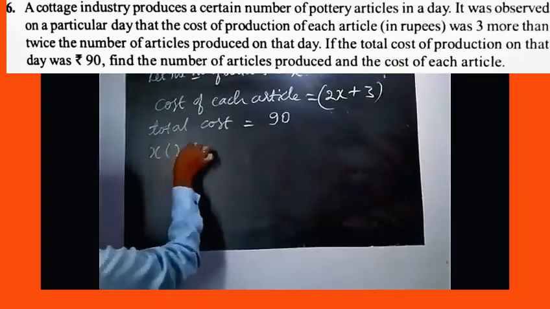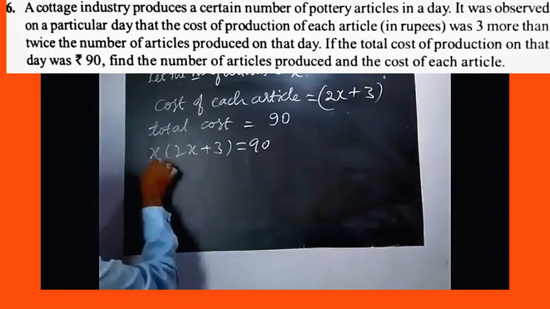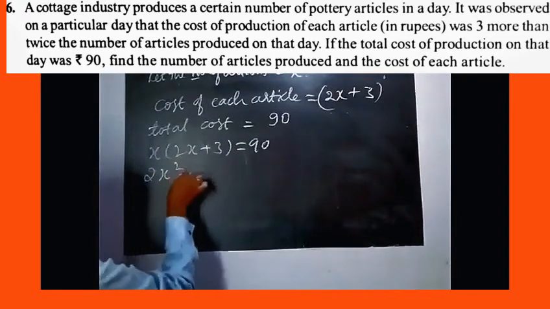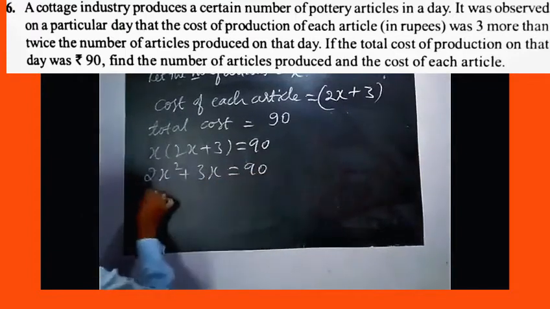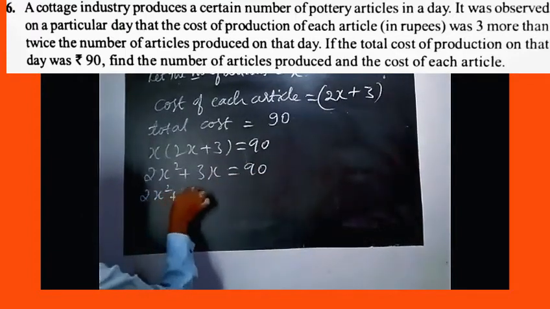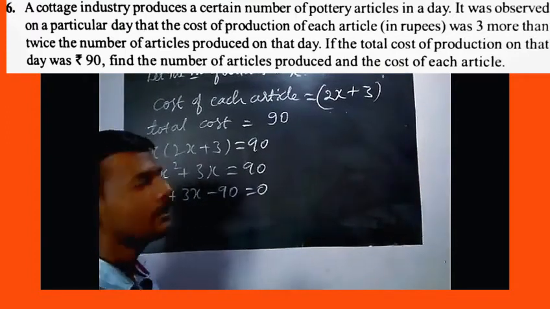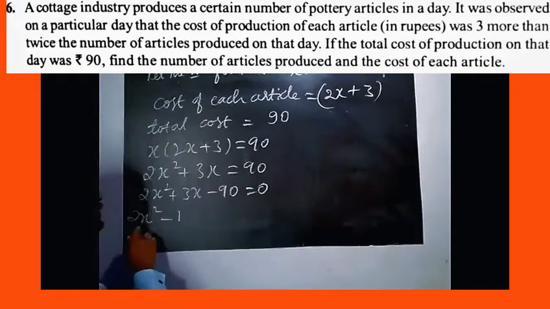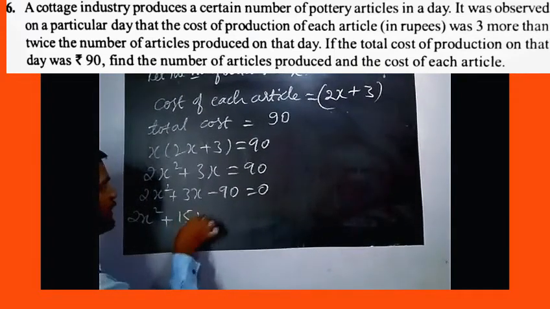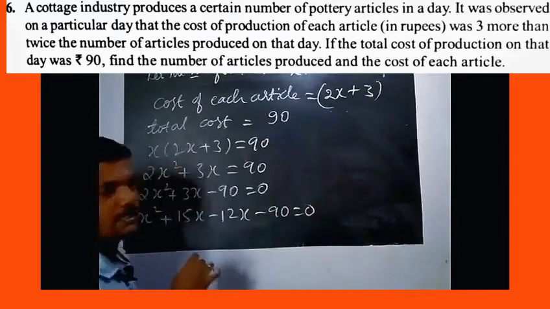x into 2x plus 3 is equal to 90. x into 2x is 2x square plus 3x is equal to 90. Then 2x square plus 3x minus 90 is equal to 0. Here factorize this equation: 2x square plus 15x minus 12x minus 90 is equal to 0.